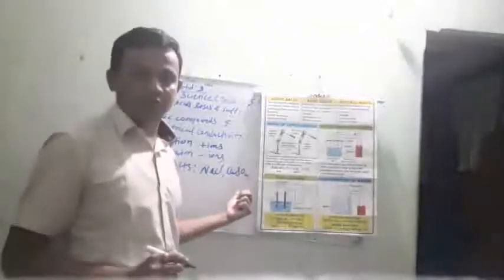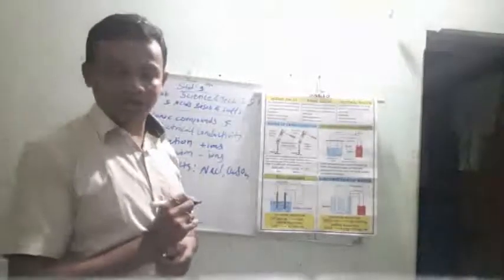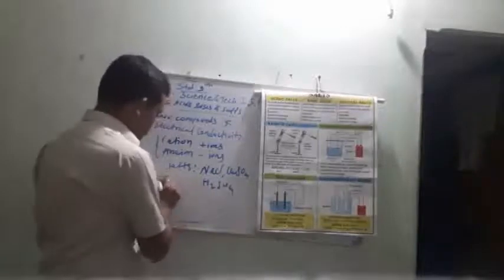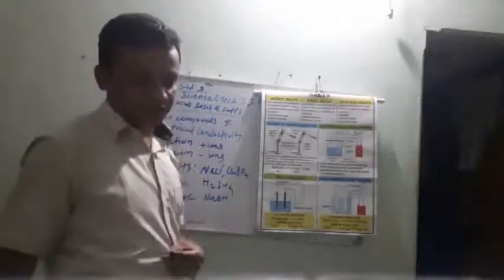These are ionic compounds. Among strong acids, we know sulfuric acid, that is H2SO4. It is a strong acid. And a strong base is sodium hydroxide.